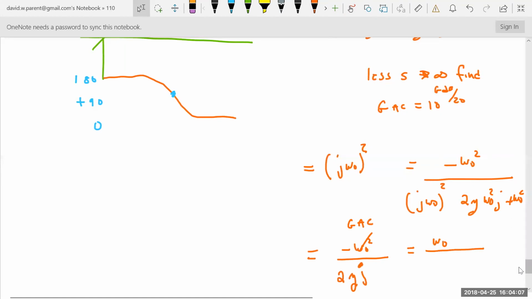The omega naughts cancel out, right? So I get gain AC at phase angle minus 180 because of the minus sign, right?